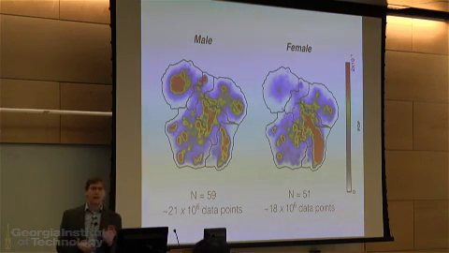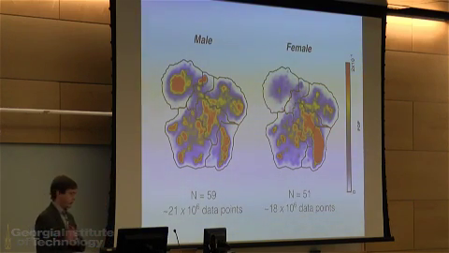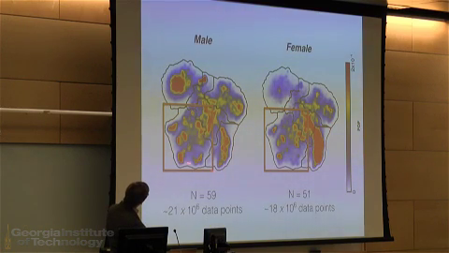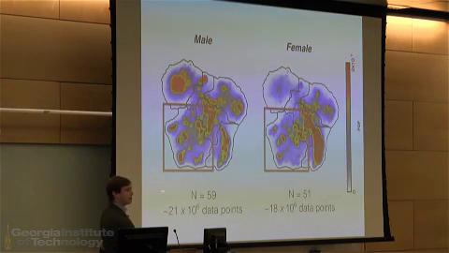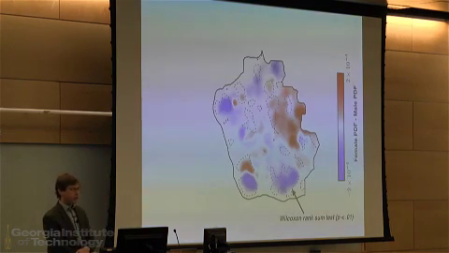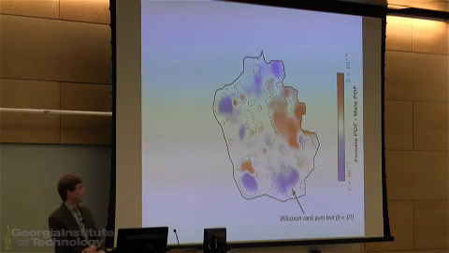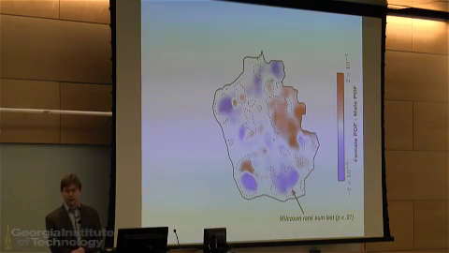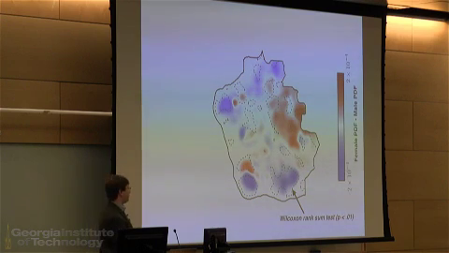But we can try and be more subtle than that and find something more subtle. And so we can focus in on this region over here. So this is posterior and wingy sorts of things. And we can subtract the two distributions in that region from each other. So this is the female PDF minus the male PDF. And so if it's red, that means the females perform that behavior more. If it's blue, it means the males do.